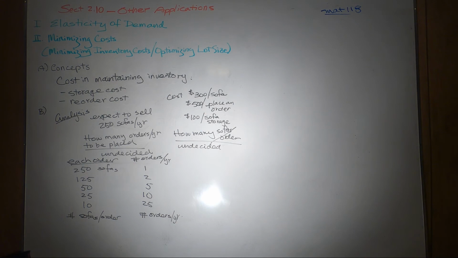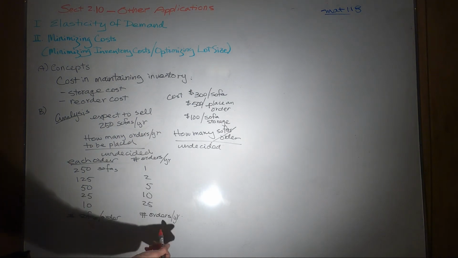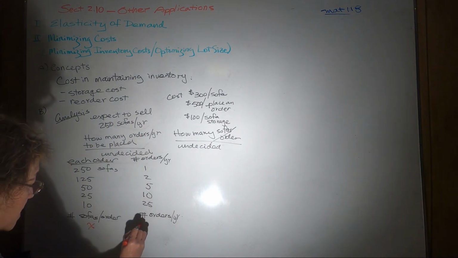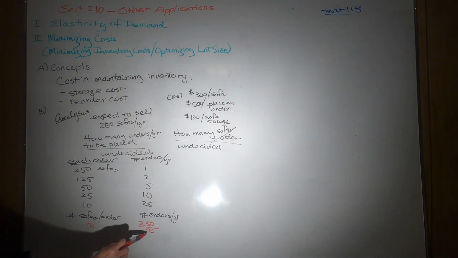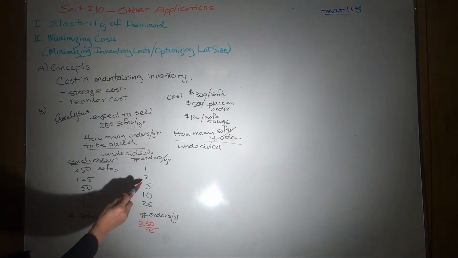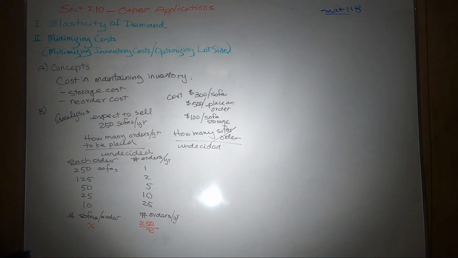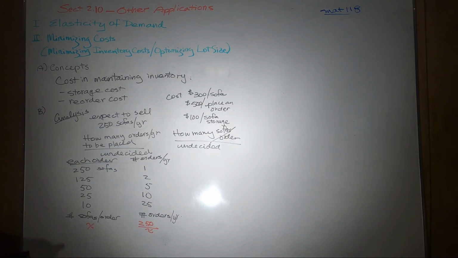So if I say that's how many I need, right? Then how many orders per year? That would be 250 divided by X, right? So 250 divided by 250, that would be one order. If you order 125 of them, 250 divided by 125, that would be 2 orders, right? So that's the thinking. We don't know how many sofas per order. We just say X, right?